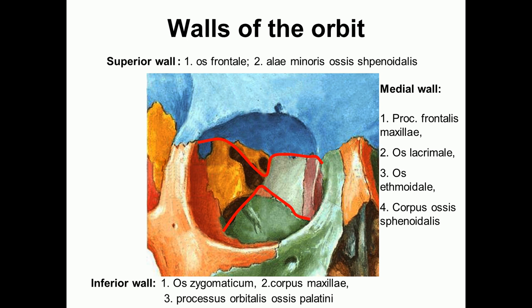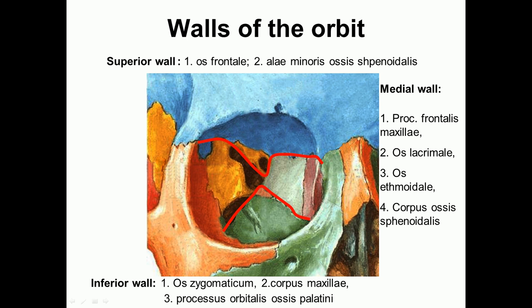For this purpose, we need to put a pointer inside the canalis opticus, and medially of it we shall find a small part, 4 or 5 millimeters in length, of corpus ossis sphenoidalis. So it will be here, but in this picture it isn't seen.